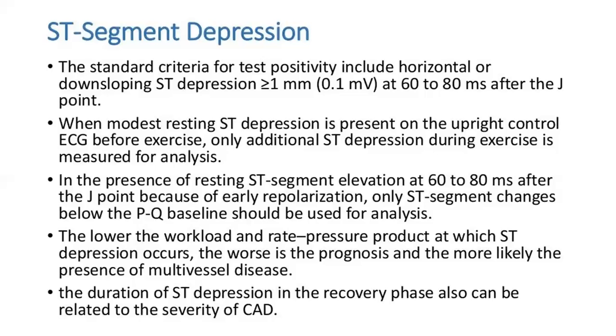In the presence of resting ST segment elevation at 60 to 80 ms after the J point, because of early repolarization, only ST segment changes below the PQ baseline should be used for analysis.